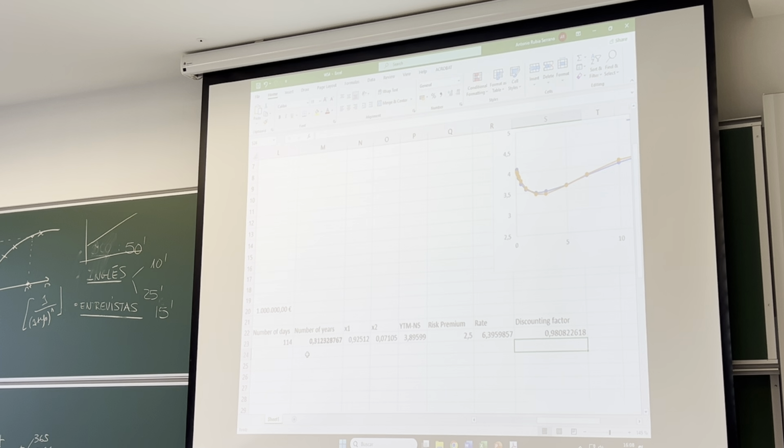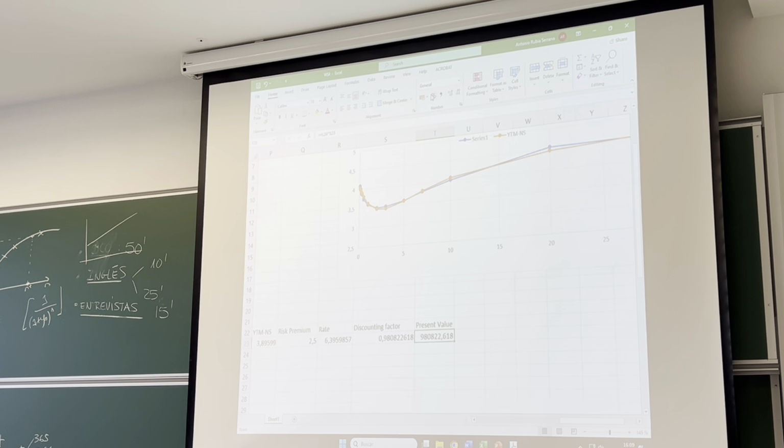If we want to compute the present value of Natalia's million, we need to multiply, and that's the final part, the present value, the fair value. We need to multiply the million times the discount factor.